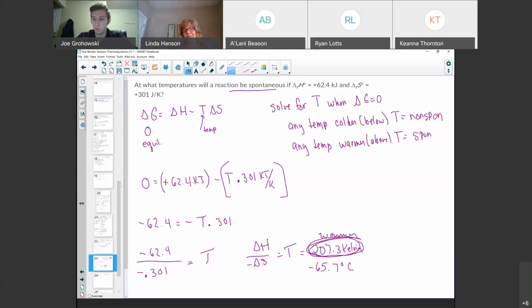I've not seen this in the standard bank, but this typically will not be a multiple choice in the bank. It's not going to say 207.3 and then we'd get so excited because our calculator matches an answer, and so you circle that answer. You want to look for spontaneity. It has to be bigger than that number, warmer.